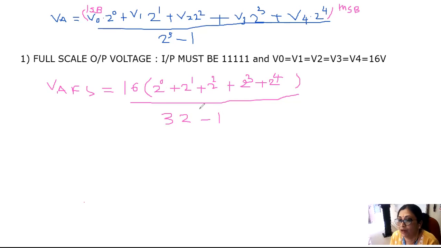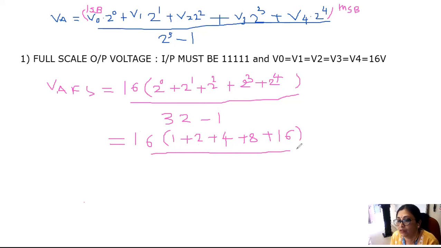Now we have to write the value of each here. So 16 into bracket: 2 raised to 0 is 1, 2 raised to 1 is 2, 2 raised to 2 is 4, 2 raised to 3 is 8, and 2 raised to 4 is 16. And this whole divided by 31.